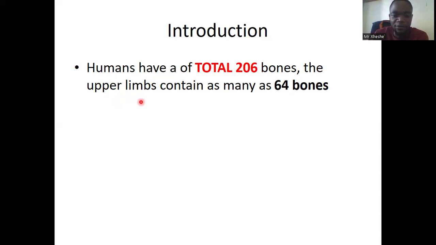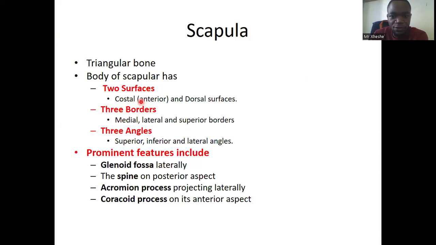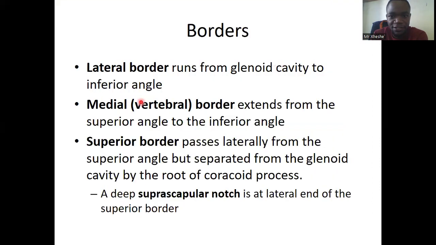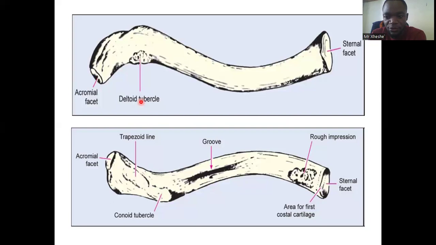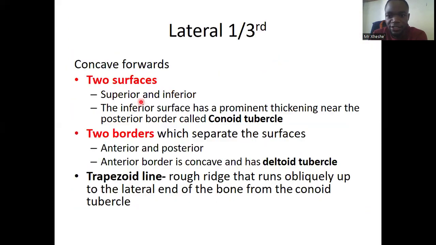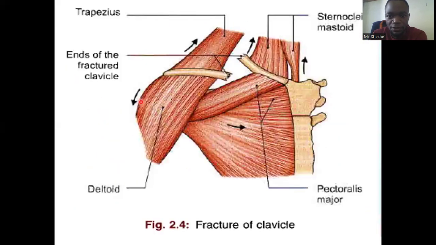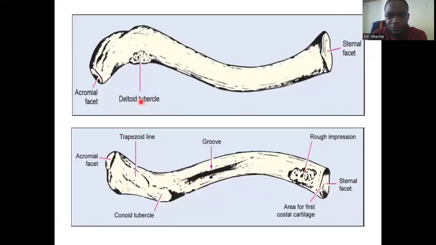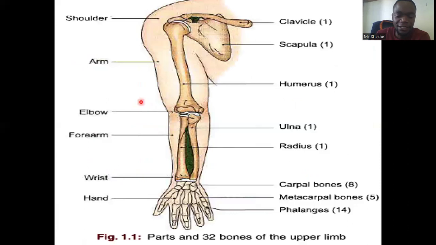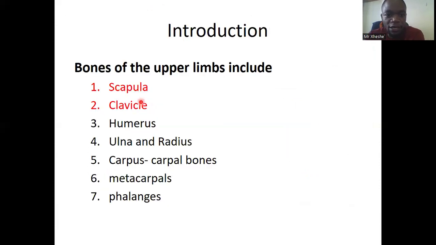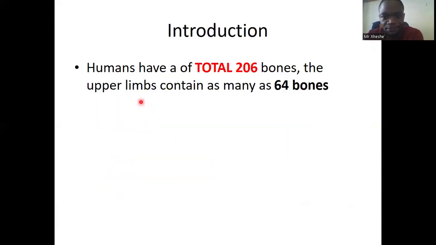All right. Before I go any further, I would like you to know that the human skeleton is divided into two portions. We discussed part of this when we were looking at body cavities. So we have two divisions of the skeleton. We have what we call the axial skeleton, and we also have what we call the appendicular skeleton.